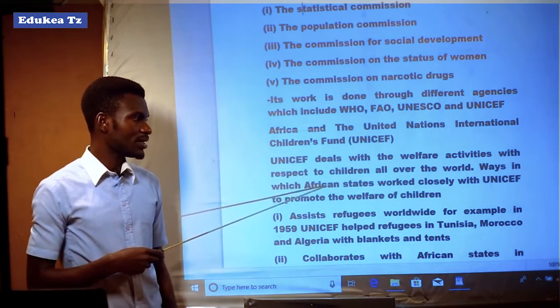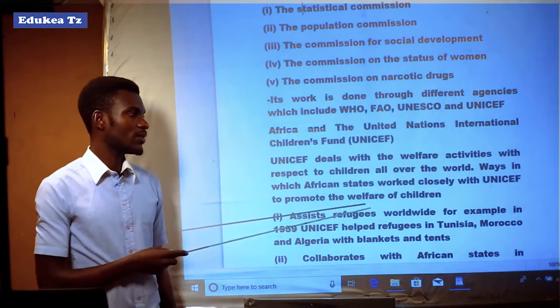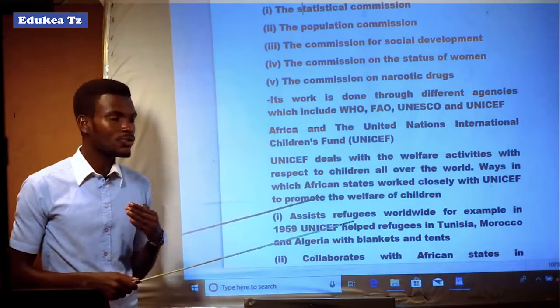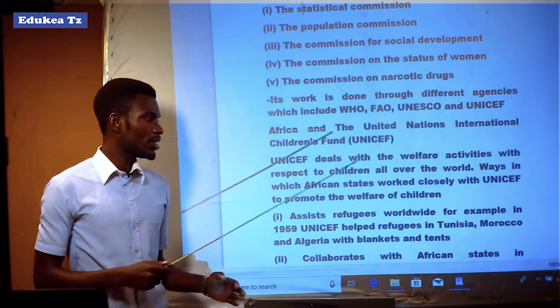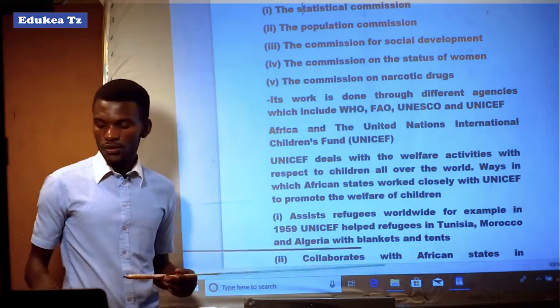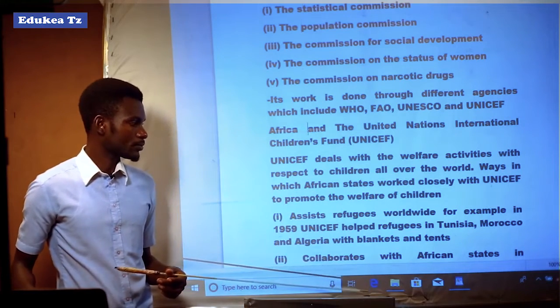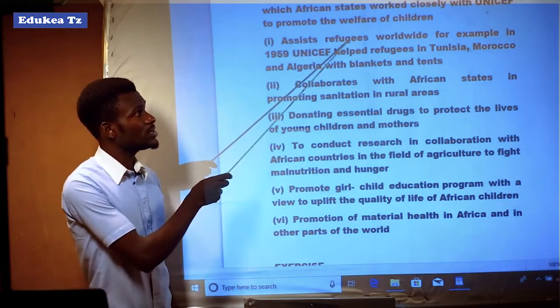Ways in which African states work closely with UNICEF to promote the welfare of children. The first way is to assist refugees worldwide.